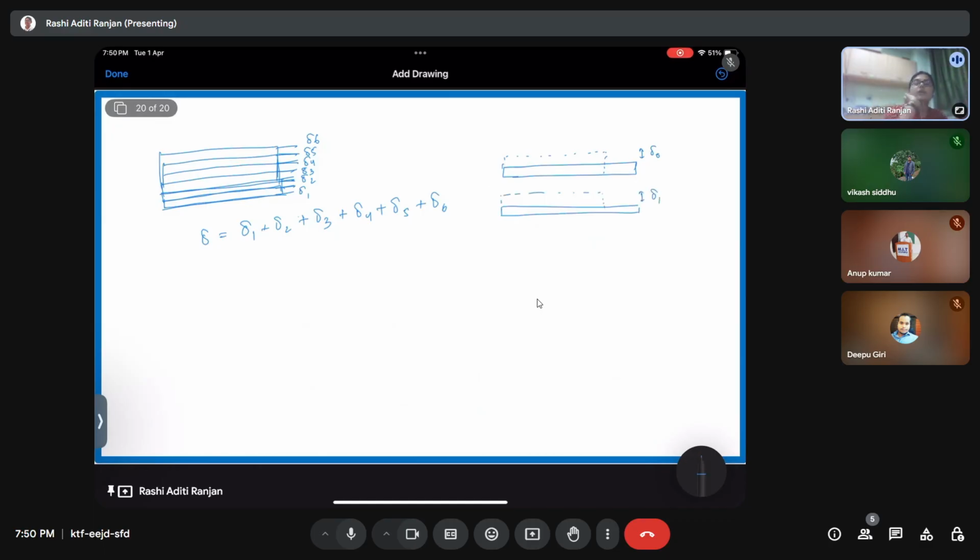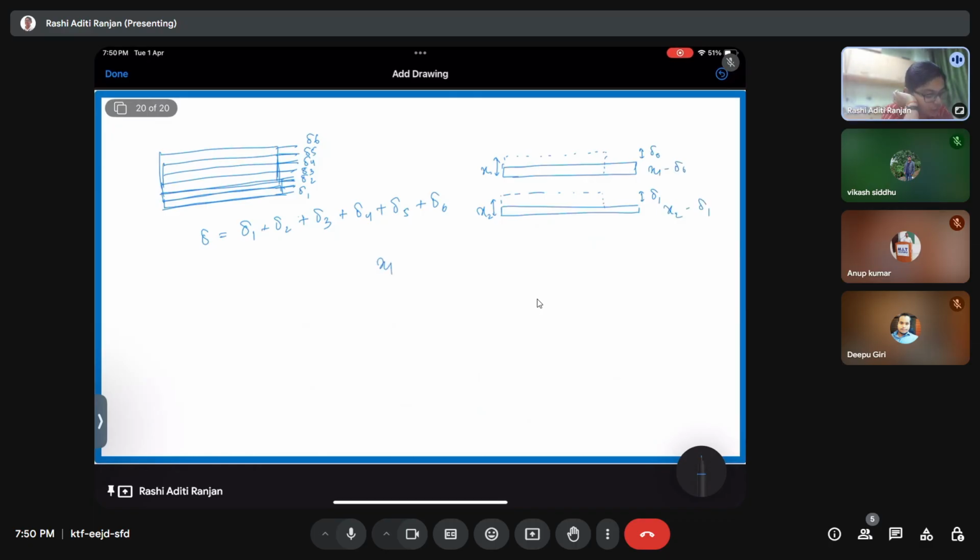Now these both layers were together, right? So earlier if it was x1 and this was x2, now this is x1 minus delta naught, x2 minus delta 1, right?